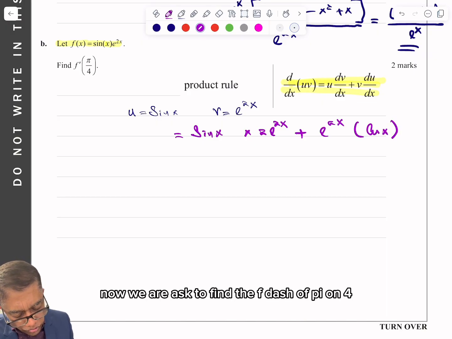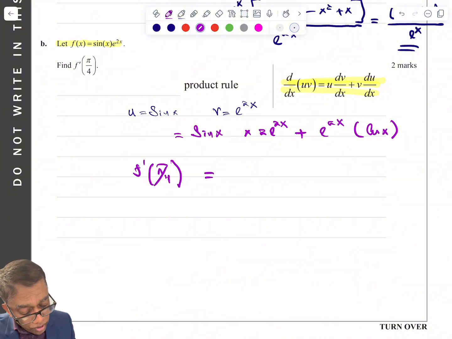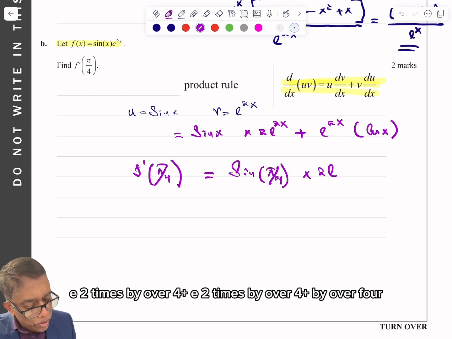Now we are asked to find f'(pi/4). We have to substitute pi over 4: sin(pi/4) times 2e^(2 times pi/4) plus e^(2 times pi/4) cos(pi/4).